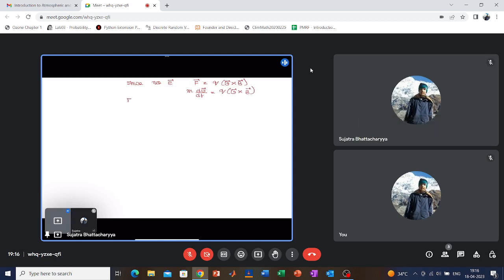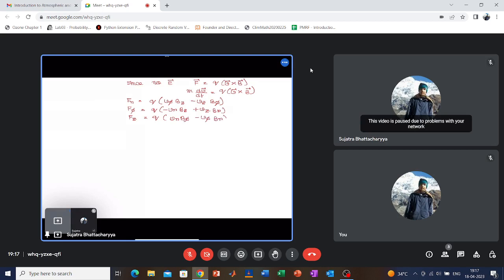So now F_R will be Q times (V_phi B_Z minus V_Z B_phi), F_phi will be Q times (minus V_R B_Z plus V_Z B_R), and F_Z will be Q times (V_R B_phi minus V_phi B_R). Right. Now let us only consider this Z component for the time being. So taking only the Z component now.